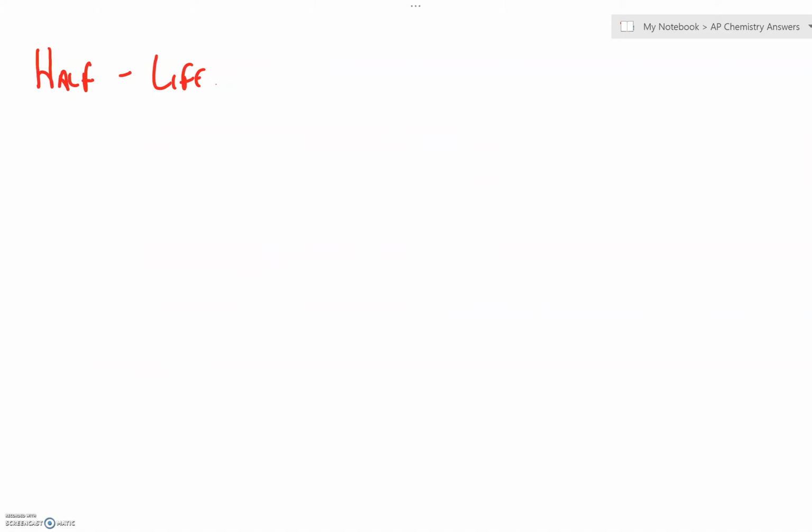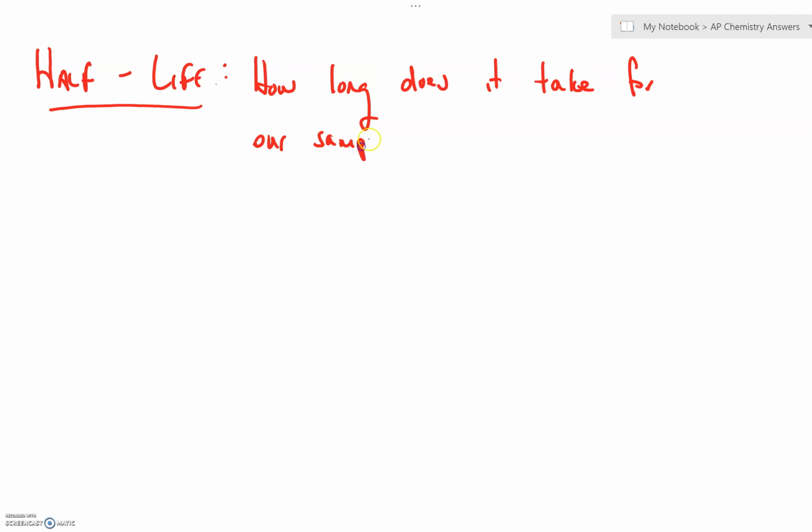So the premise of half-life is how long does it take for our sample to lose exactly 1/2 of its mass to decay. In other words, how long does it take for it just to disappear?